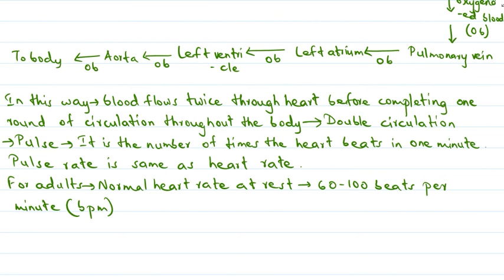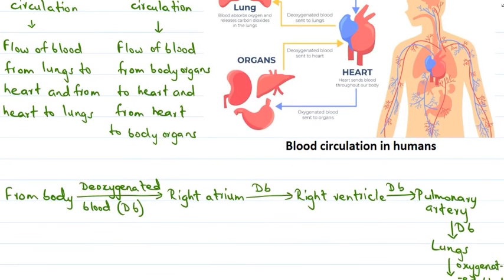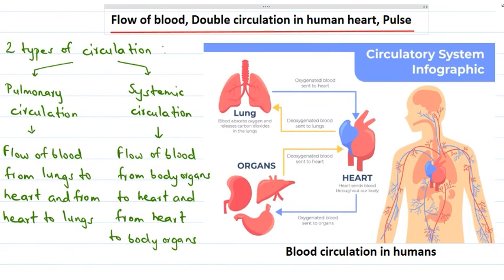Okay, so now let's quickly revise the things that we have studied today. So we saw that the flow of blood can be of two types. We already know that blood actually flows continuously inside our body, and this flow or circulation of blood can be of two types, that is pulmonary circulation and systemic circulation.